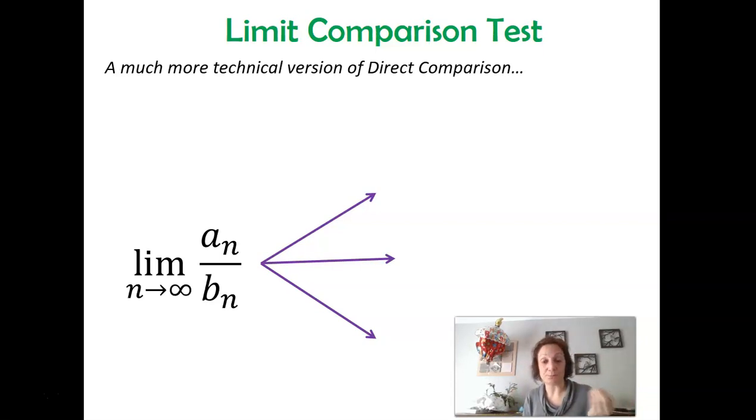Here's the deal. What you do is you take the term from your series that you're interested in, and you take the term from the series you made up to compare it to, and you put them in a ratio. Now think about what that means, right?